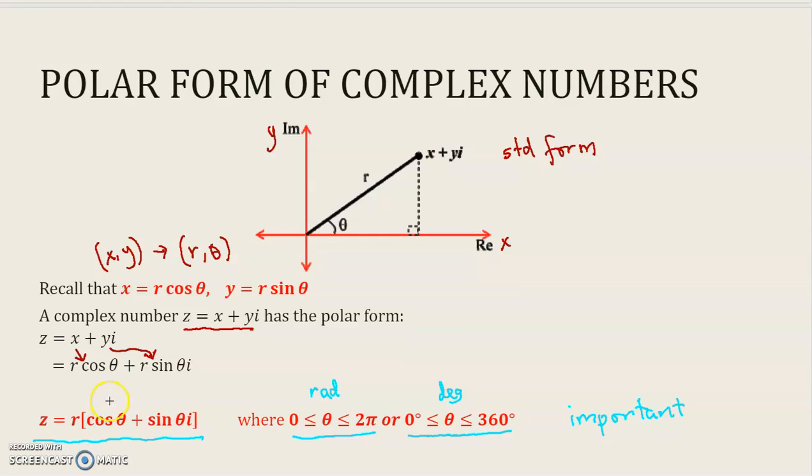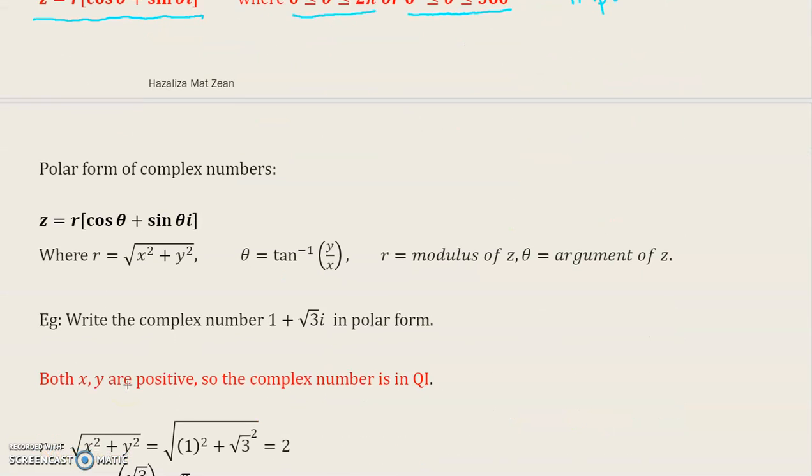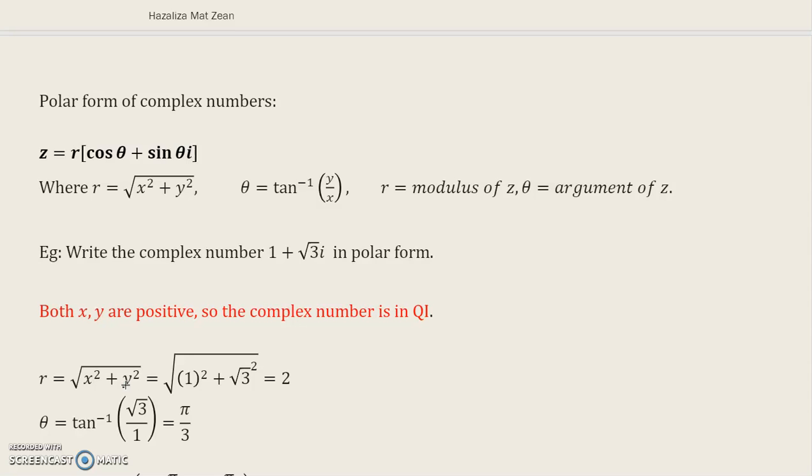Alright, so we are going to convert to polar form. This is how we find r, r is the modulus, and this is how you find the argument. This one we already discussed the other day when we converted rectangular coordinates to polar coordinates.